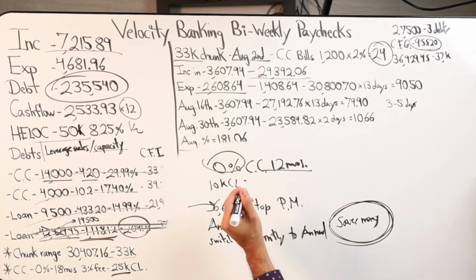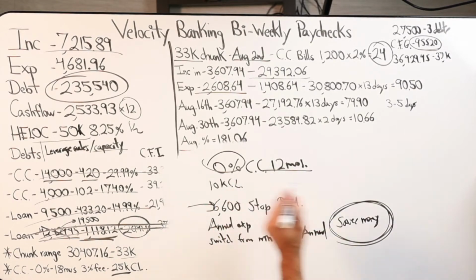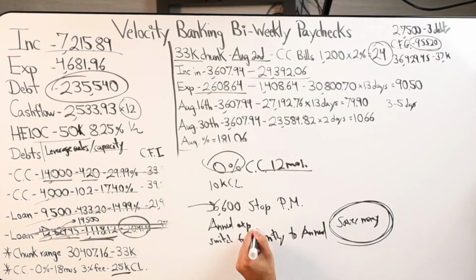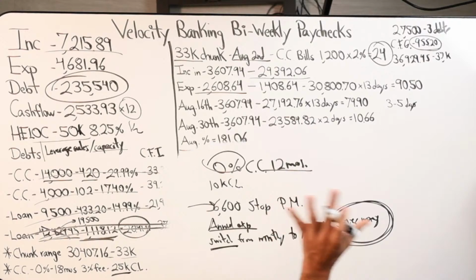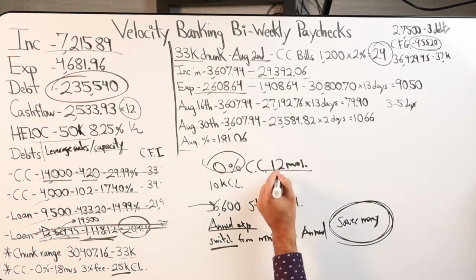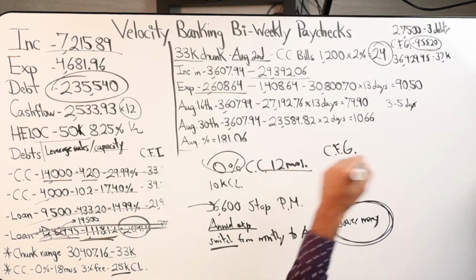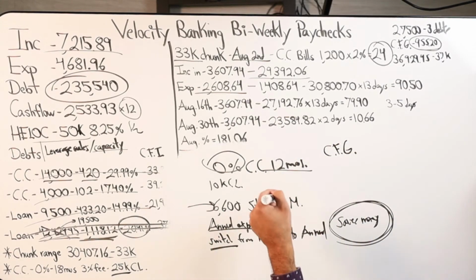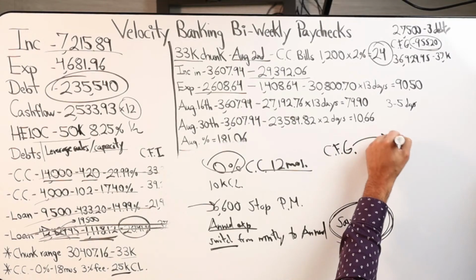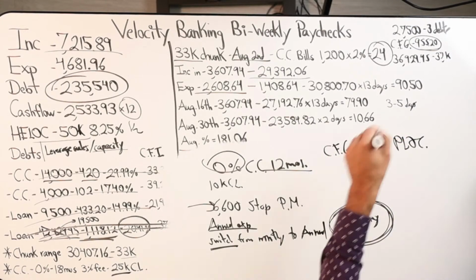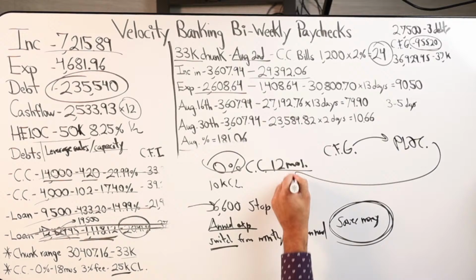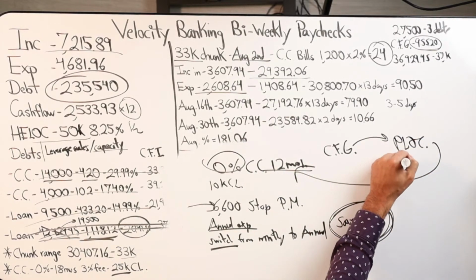So this is what I would have done for Bianca. One of the things we could have done is simply find her annual expenses or any monthly expenses that we could switch to annual. That means the bill is now gone for those 12 months. That means cash flow gain for those 12 months. That means that cash flow gain goes into her PLOC. That means 12 months from now, we have space.